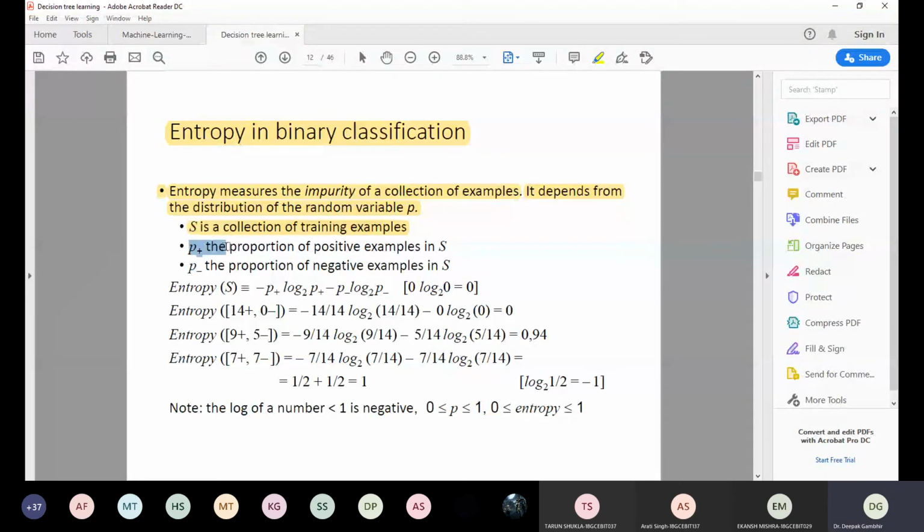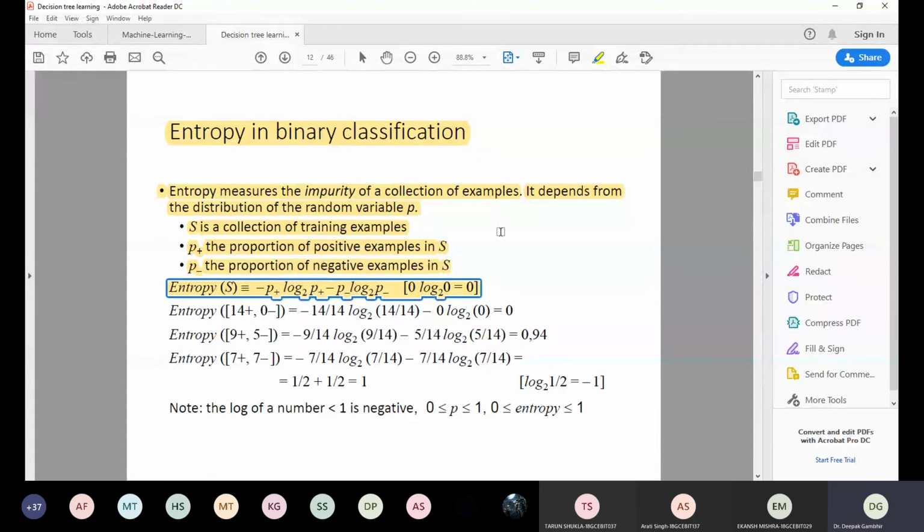So entropy in S is given as minus P plus log P plus minus P minus log P minus. I will represent this with PA and PB, that would be quite easily understood. Say entropy is minus PA log of PA, similarly minus PB log of PB.